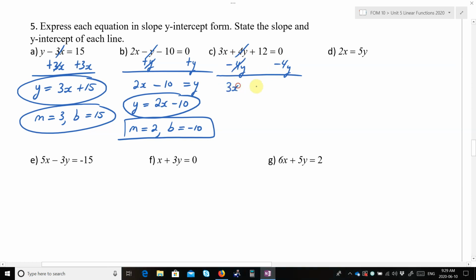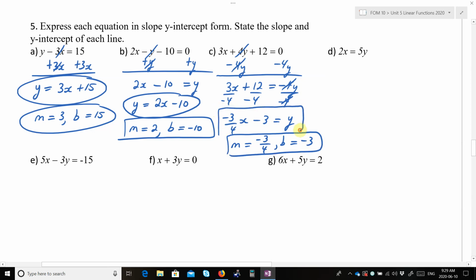And we will get 3x plus 12 equals negative 4y, and then divide everything by negative 4. And we get negative 3 over 4 times x minus 3 equals y. So the slope is negative 3 over 4, and b, the y-intercept, is negative 3.